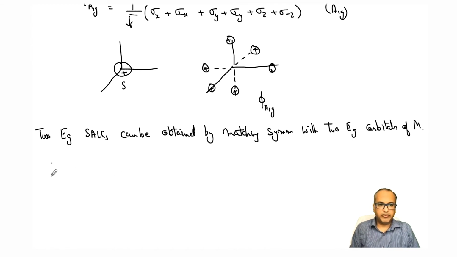So let us see the first one. The first one here is dz square.